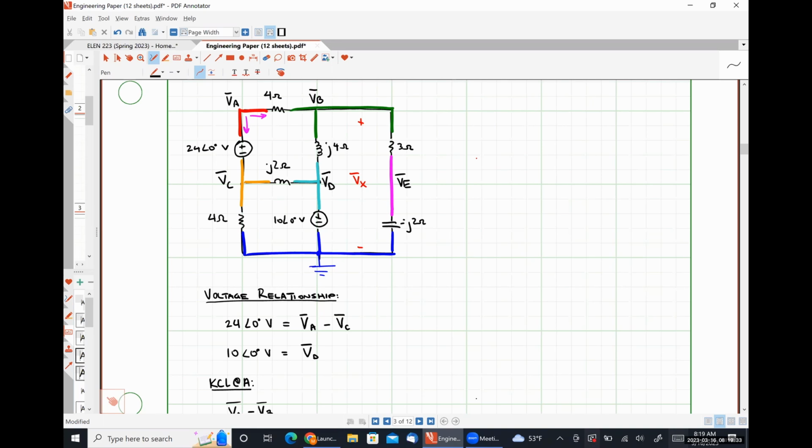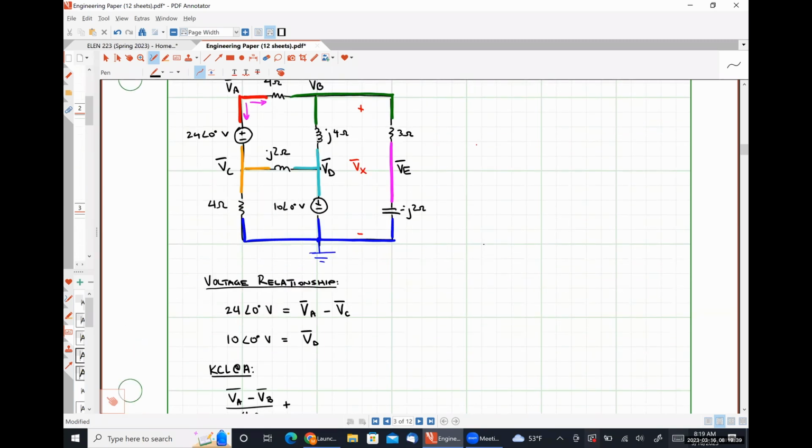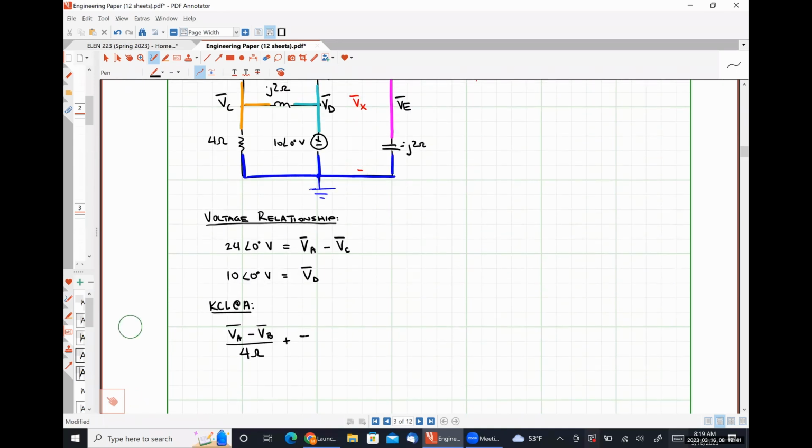So this is where the concept of a supernode comes in. If we were to, let's just call this I-24 down is equal to 0 for now, okay?